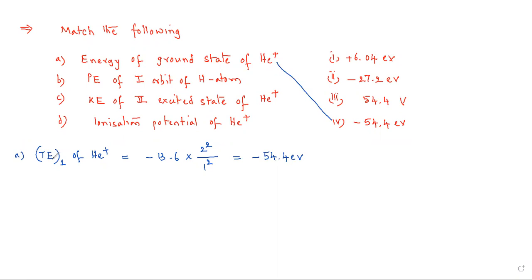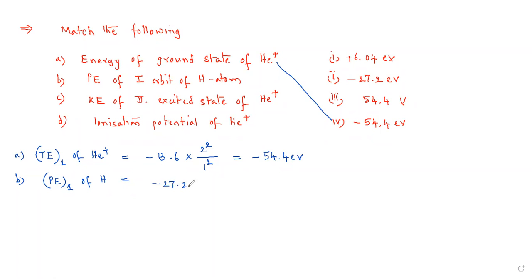Okay. Now coming to the potential energy of the first orbit of hydrogen atom, or you can say potential energy of electron revolving in the first orbit of hydrogen atom. I told you that potential energy is twice that of total energy.